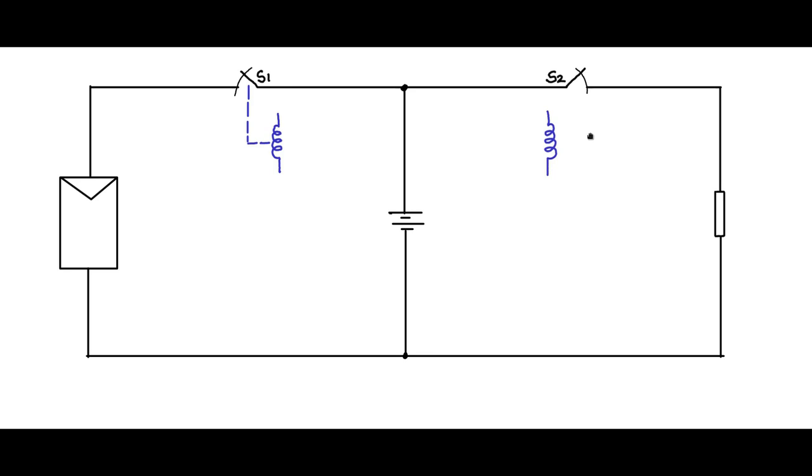Likewise, relay S2 is energized by this coil, and as for S1, when the coil is energized, S2 is open. When the coil is not energized, S2 is closed, normally closed. So these are relay coils. I will mark them here, and I will indicate that this is an NC relay, normally closed relay. That's what it means. Under unenergized condition, the switch is closed. So this is also NC.